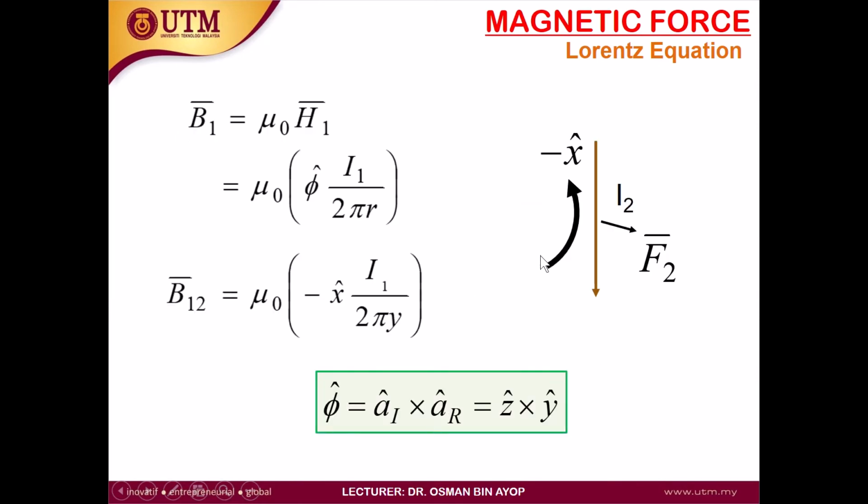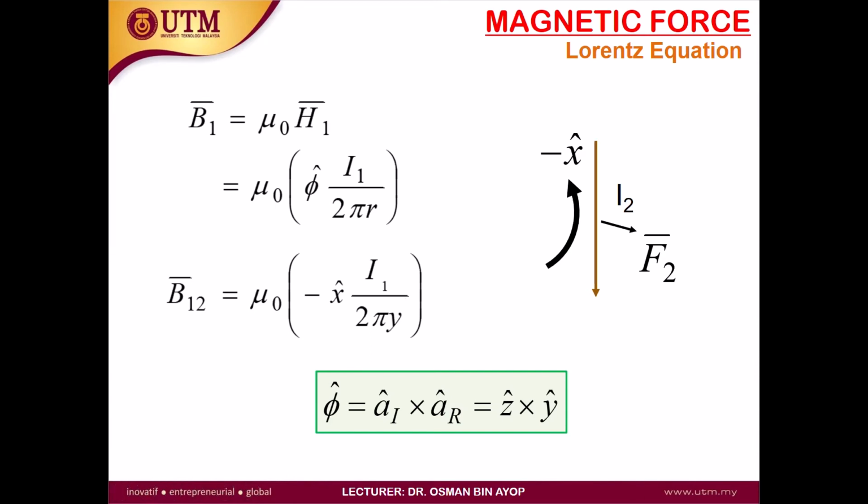Using Ampere's law to find the magnetic field intensity for the filament currents, B1 is equal to mu naught H1 equal to mu naught phi I1 divided by 2 pi r. Because we have two filaments, each filament has its own phi.